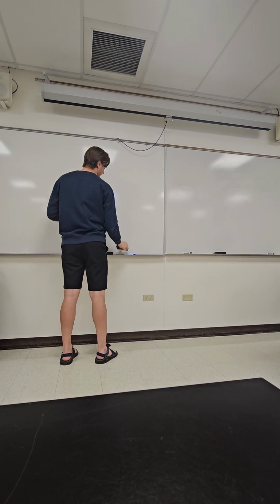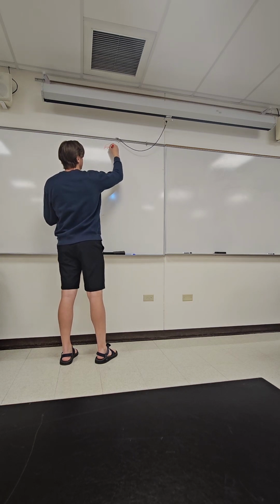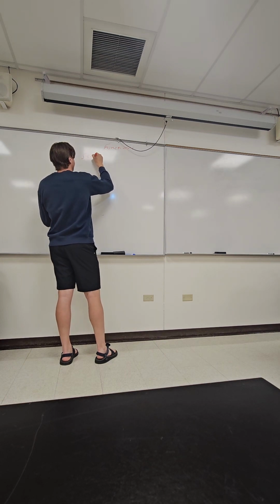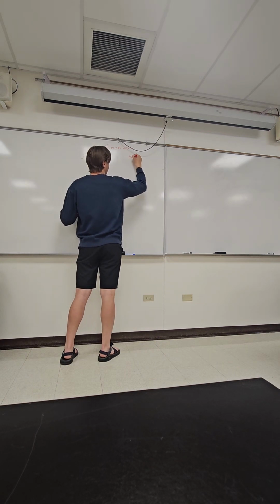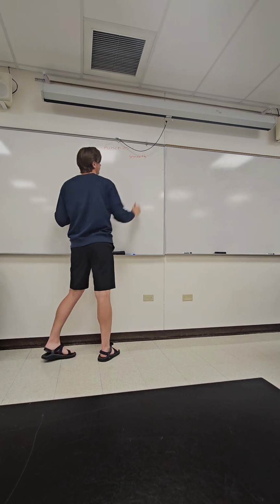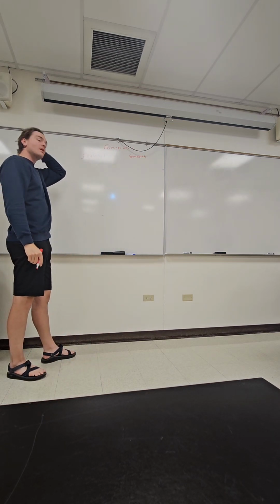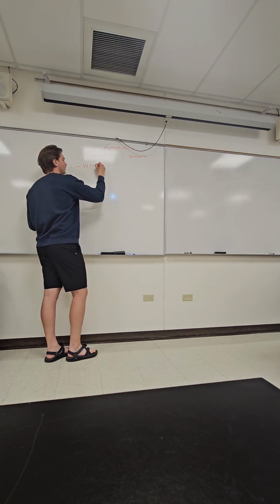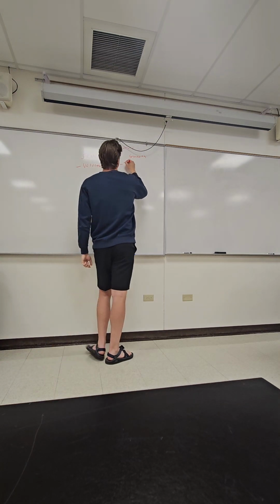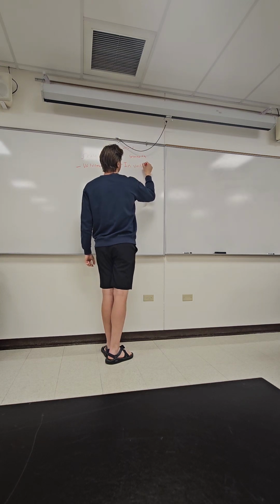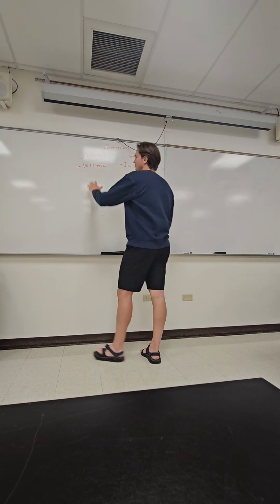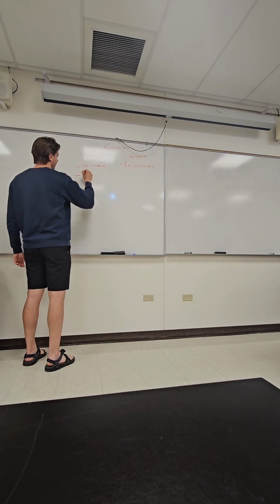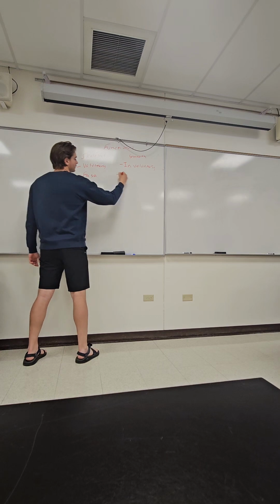All right, let's talk about functional differences. Skeletal muscle, functionally, is voluntary, while smooth muscle is involuntary. Skeletal muscle is under the somatic nervous system, while smooth muscle is under the autonomic nervous system. Skeletal muscle is fast, smooth muscle is slow.